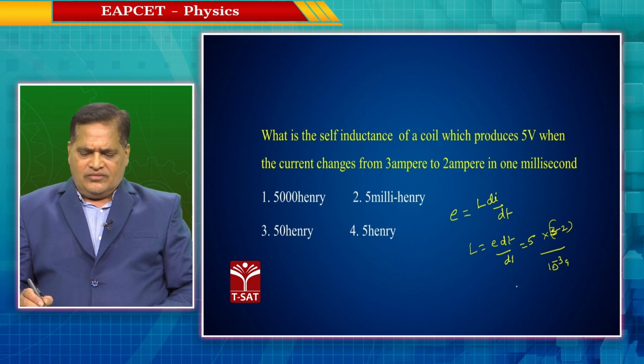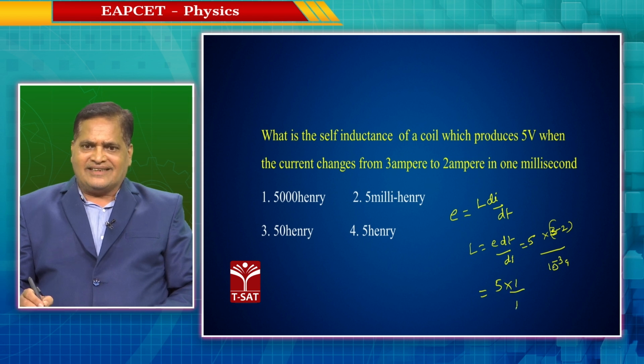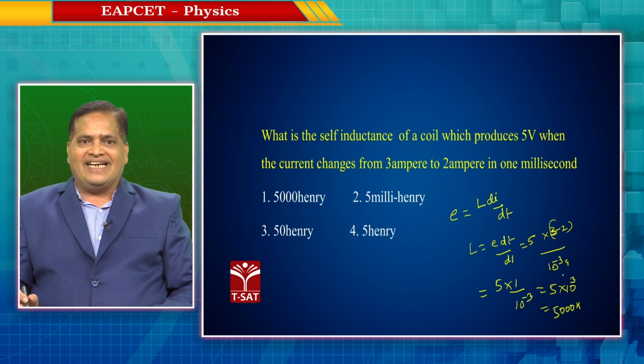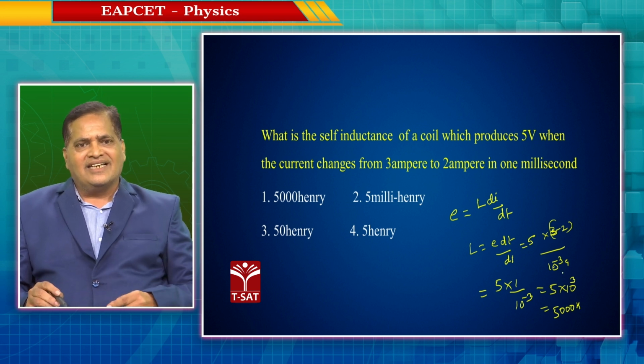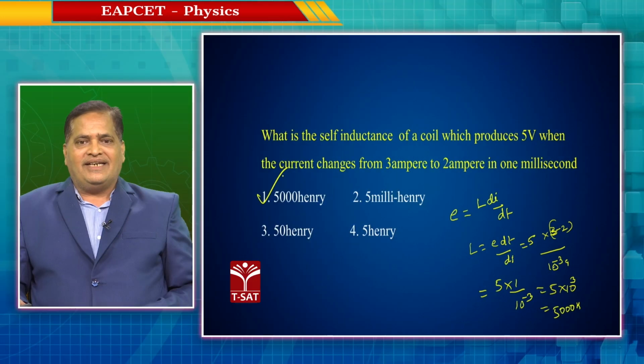Calculate the value: 5 into 3 minus 2, by 10 to the power minus 3. Therefore this value is 5 into 10 cube. 10 cube means 1000. 5 into 1000, 5000 Henry. Is there any such option? 5000 Henry, the first option. This formula is most important: E is equal to L di by dt.